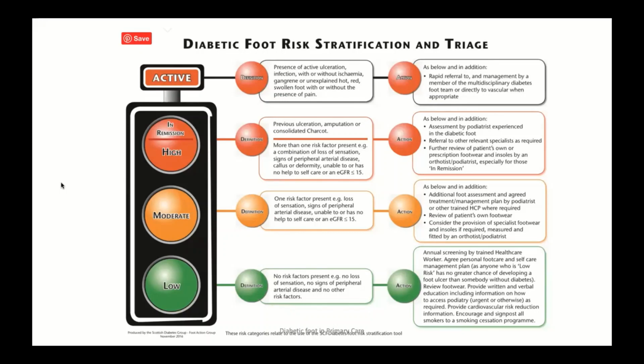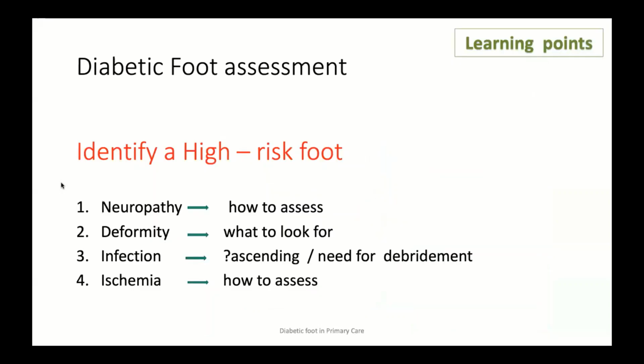Then what is required is to rapidly refer these patients to be assessed by a vascular surgeon, a vascular team or a multidisciplinary team. So just think about these components that you need to assess. I go back to these four components being essential to look for when you see a patient. We'll see how we do this and the pitfalls of doing this. But these four things are the very important aspects of identifying a high risk foot.